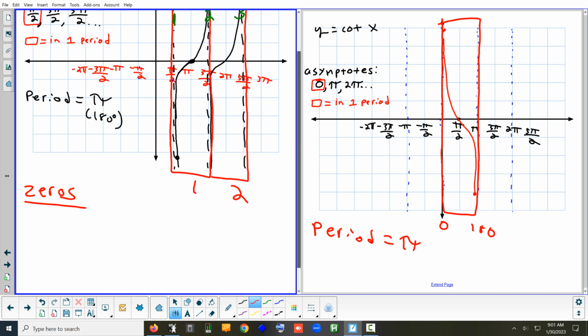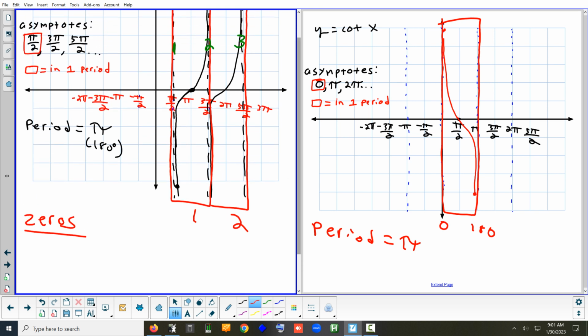Where does tangent cross the x-axis? What's the first one that I drew? Crosses at pi. What's the next place it crosses? 2 pi. Where would the next one be if I drew it? 3 pi. And it would cross at 0, but I didn't draw that one.